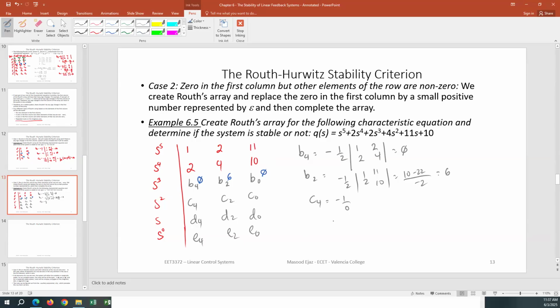If the first element is 0 and the other elements are non-zero, you don't have to worry about B naught because this whole column is 0, so you can just eliminate it. But B2 is non-zero, B2 is 6. So what you're going to do, you're going to assume this to be a very small non-zero number, and replace that by epsilon. So we assume that this thing is epsilon.